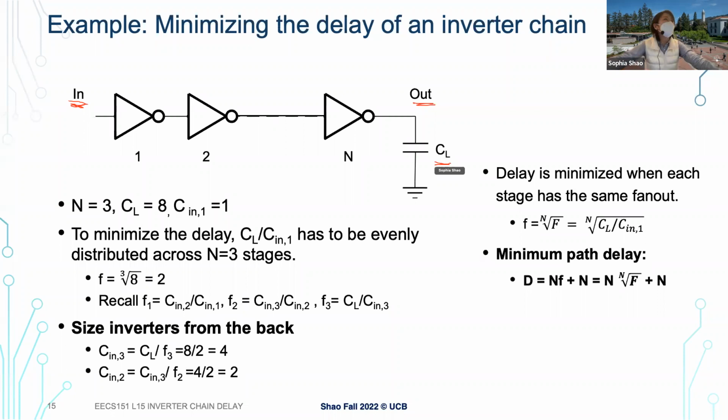So if our input capacitance is much higher than the load capacitance, we have a very strong input but a very weak load towards the end. Then the fan out becomes less than 1 here.